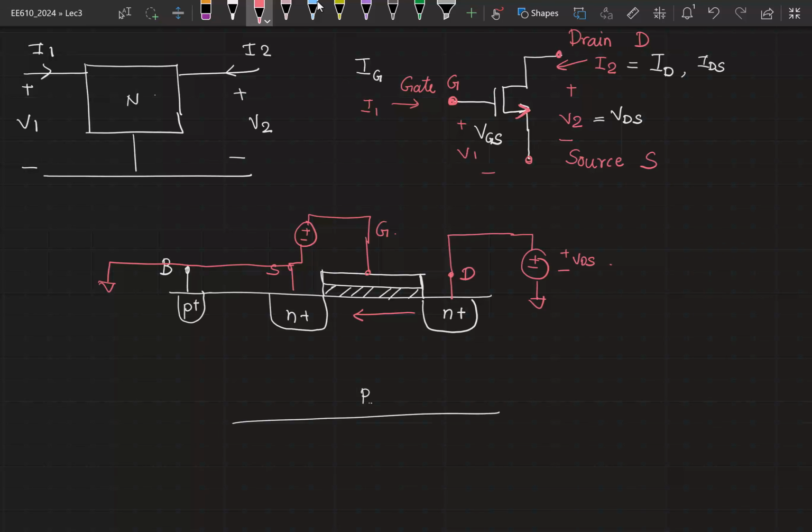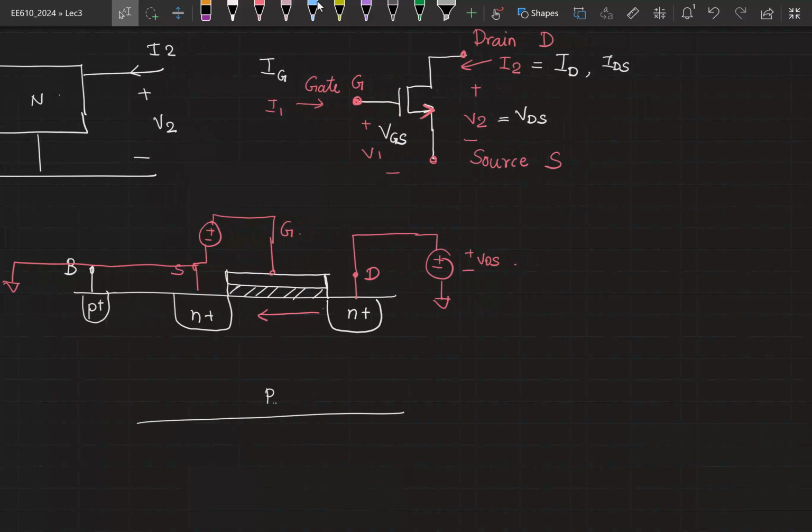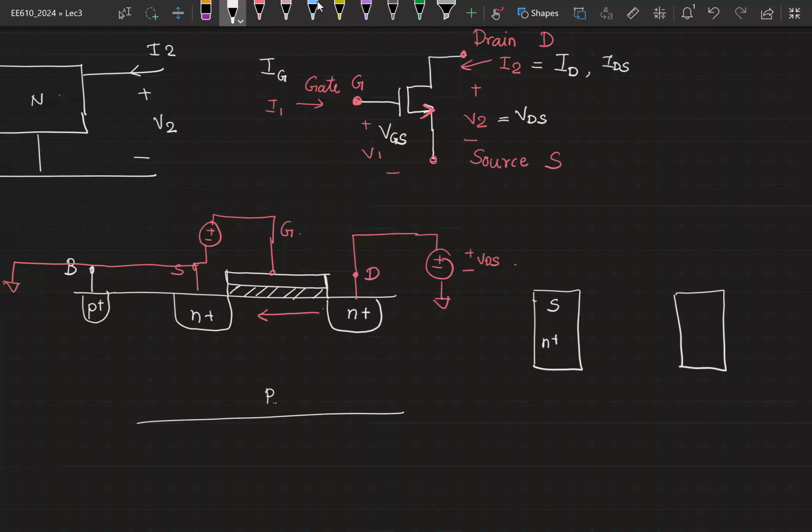Whenever you have enough voltage at VGS, a channel is formed underneath. On top of it, when you apply a sufficiently large VDS, you have the current flow going through it. I'll show you the IV models in a short while. But I also wanted to show you two particular dimensions for this device. If I were looking at it from the top, I have this N plus region which I have called the source, and another N plus region which I have called the drain.